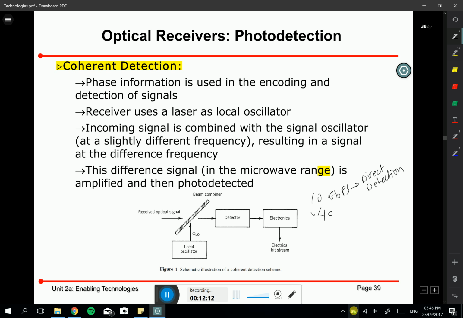And the first products are appearing at 400 gigabit per second over each wavelength. Standardization of 1 terabit per second Ethernet is undergoing, so it's not that far away. So for all these very high bit rates, you use coherent detection. So both of them are actually happening in the network.